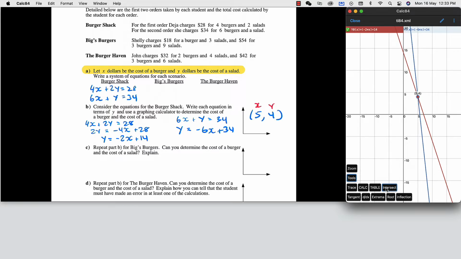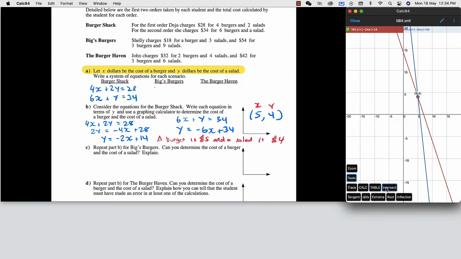And if you go back to our let statement, x is the cost of a burger and y is the cost of a salad. So the answer in this would be a burger is $5 and a salad is $4.